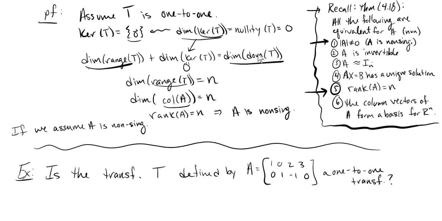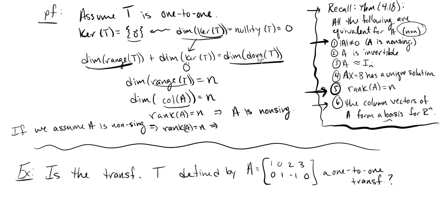Then what can we do in that case? That tells us, again, using that theorem I have written out on the side here, that rank of A is n. If the rank of A is n, that tells us the columns form a basis for Rn.